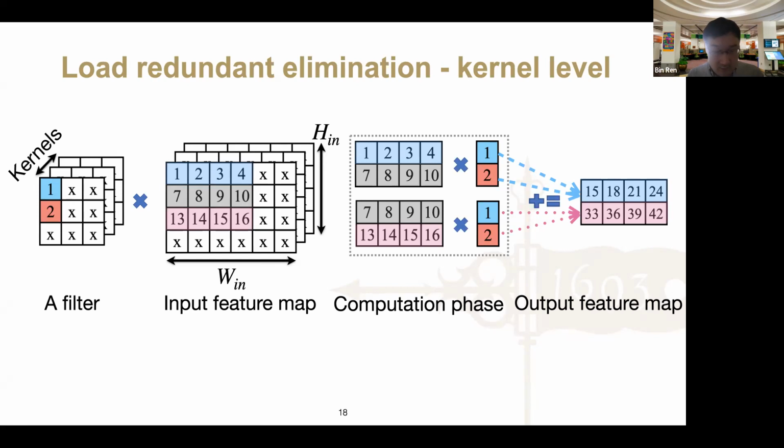So we can load this data into the SIMD register, preserve it, and reuse it for this computation. This is an opportunity for load redundancy elimination. Instead of loading this data twice, we only load it once into the SIMD register. This is the basic idea of kernel level load redundancy elimination.